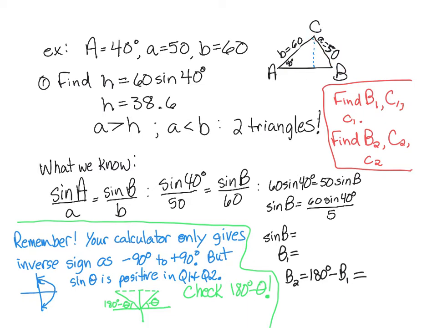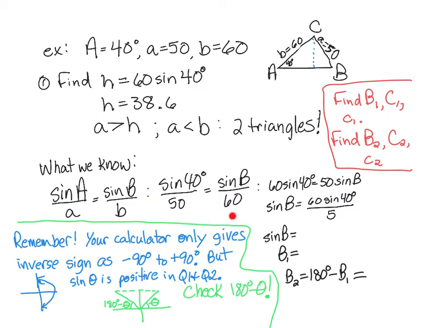So how do you solve this problem? Well, here's my law of sines. I'm going to use what I'm given. I know angle A, I know side A. I can find the sine of this angle because I know the side that's opposite. So I'm going to plug in the sine of 40 and side that's 50 and the side that's 60 and the sine of the angle that I'm looking for.